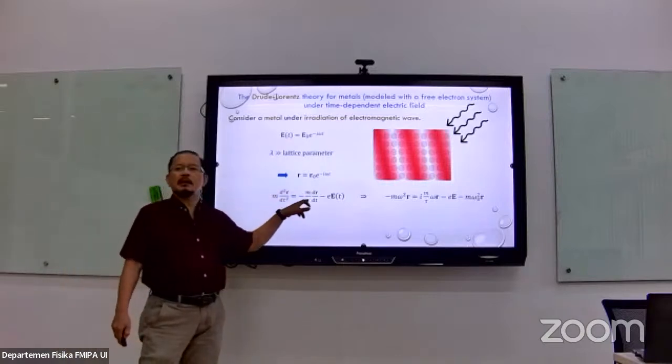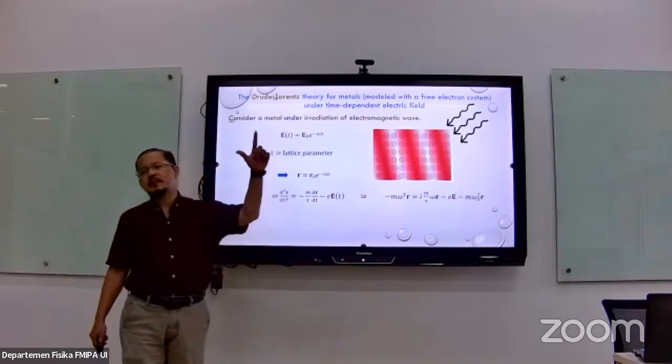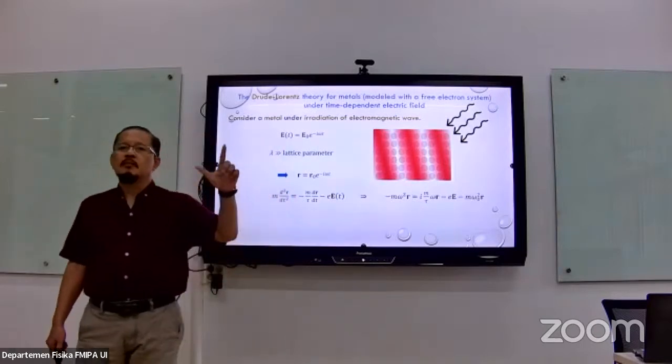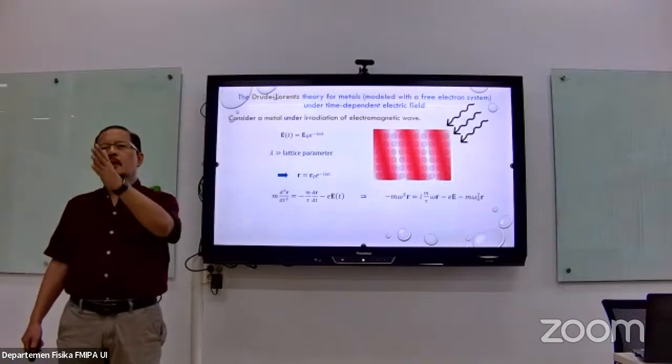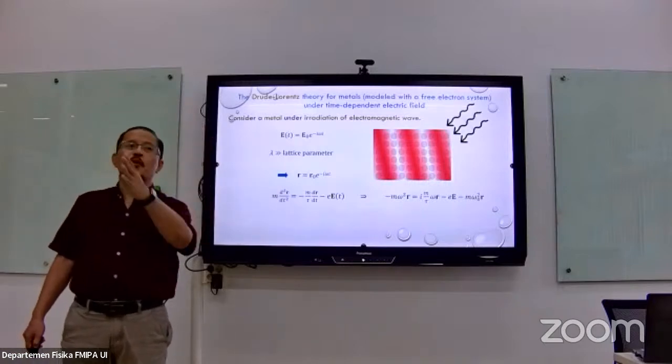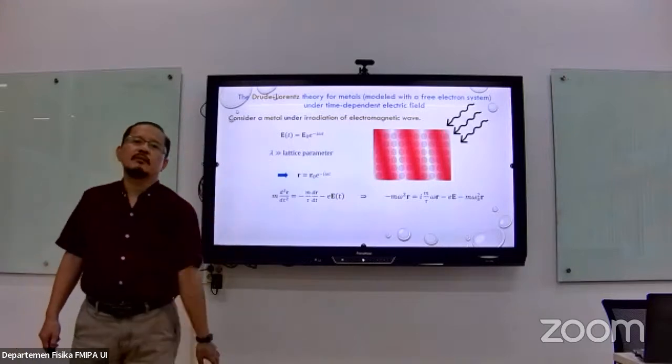We put a parameter that I call tau here to represent the relaxation time. The relaxation time means the time where an electron is free for a while before it encounters another collision.